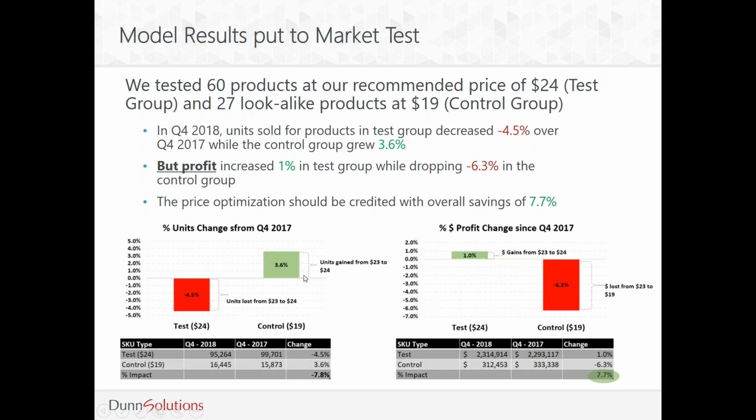Great, but the point is that in our test group, profit went up 1%, whereas the profit in the control group, the items that sold at 19, went down 6.3%. So actually, we should be credited for overall savings of 7.7, because not only did we stop them from losing 6.3, at least for 60 products, we also made an additional 1% on top of that.